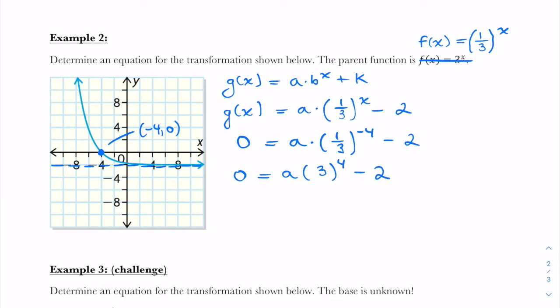We can bring the -2 to the left side, that becomes +2. And 3 to the exponent 4 is 81. Dividing both sides by 81, we get an a value of 2/81. Okay, let's write ourselves a therefore statement, and it looks like we're done.